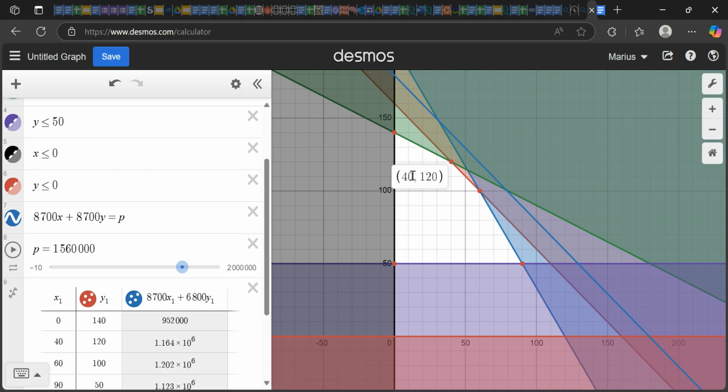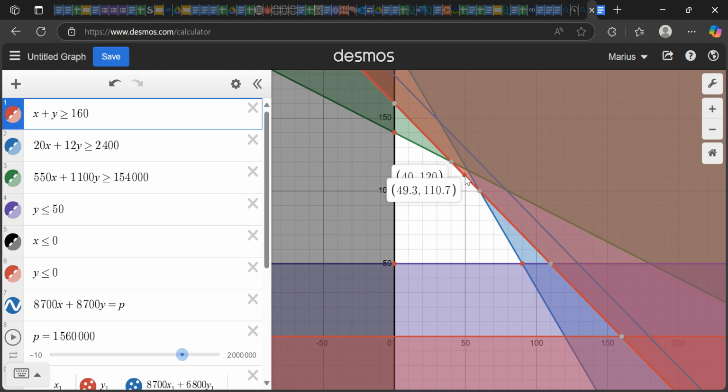So I've got this one, 40, 120. I've got another possibility here at 50, wait, 50, 110, 51, 109. See how many whole solutions? 54, 106. Yes.